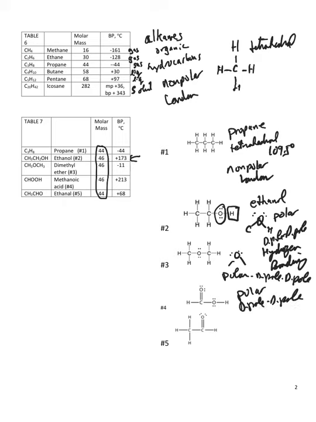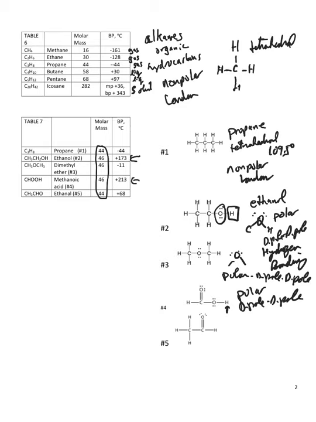And the question is, can either one of the 2 hydrogens hydrogen bond? The answer is yes. This hydrogen can hydrogen bond, the one that's directly covalently bonded to an oxygen. Having 2 oxygens makes it very polar, and also that hydrogen can hydrogen bond, so it winds up having the highest boiling point out of these.